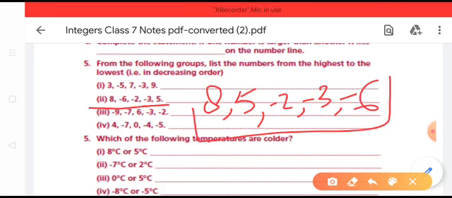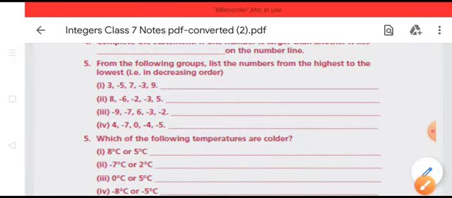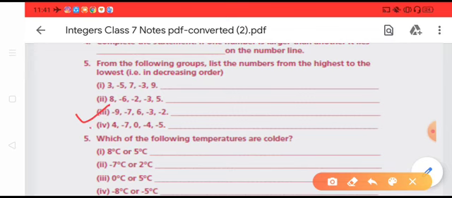This is the decreasing order. And the remaining two questions are your homework.